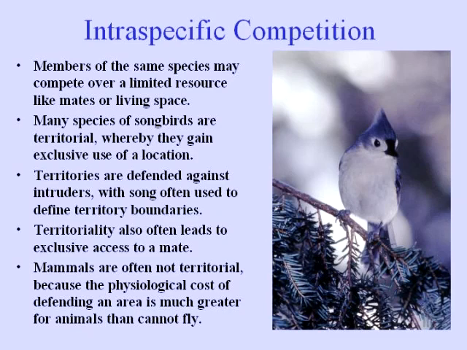In fact, that's why most little birds, most songbirds, defend what are called territories. Territories are areas that are for the exclusive use of a particular mated pair, and they defend it against intruders. So the existence of territoriality is an example of intraspecific competition.